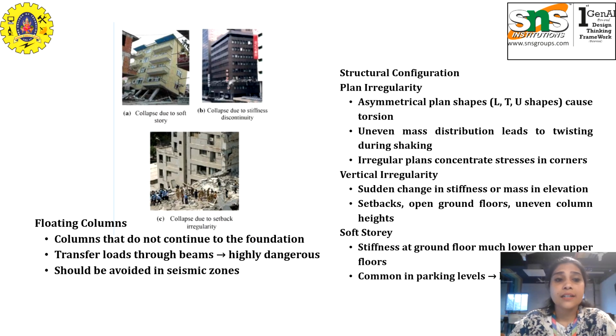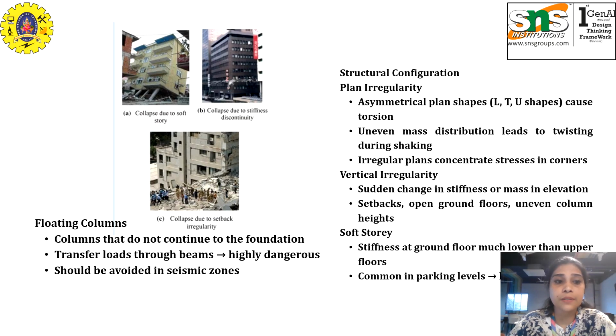buildings under dynamic loads. Earthquakes are different from normal loads because the forces reverse direction repeatedly. So a push-pull cycle happens repeatedly during earthquake forces. Buildings undergo lateral drift, rocking, and sometimes torsion can occur.